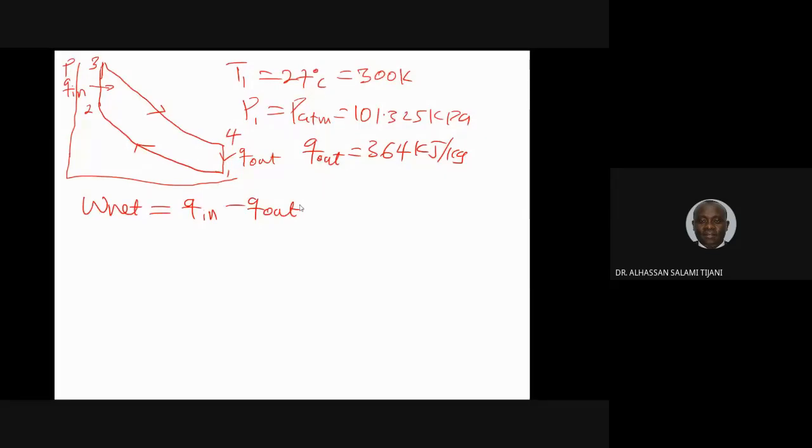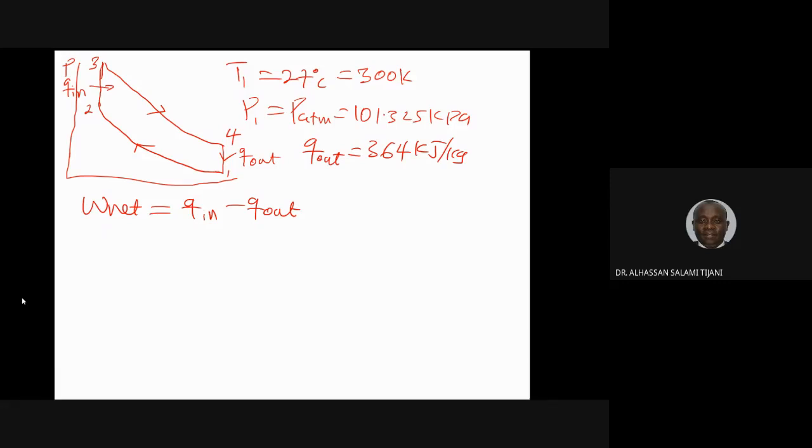And what is our Q in? Q in is given by the change in the properties at state 2, times the specific heat capacity at that particular portion.